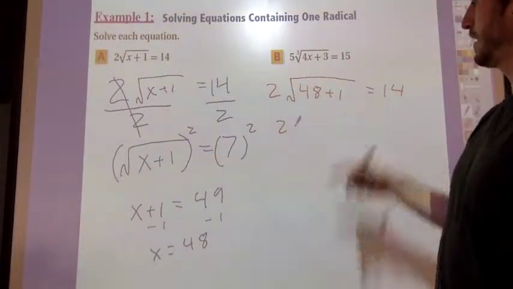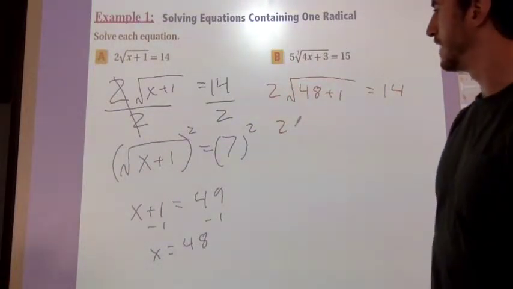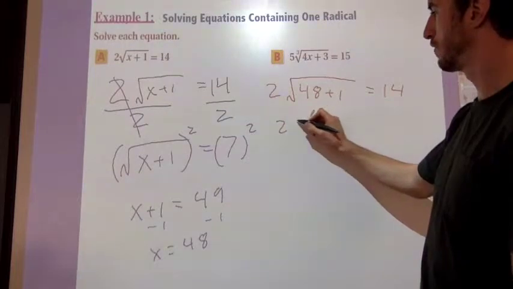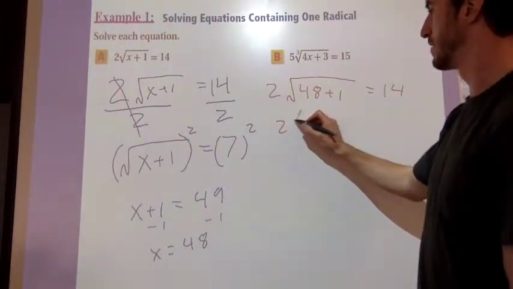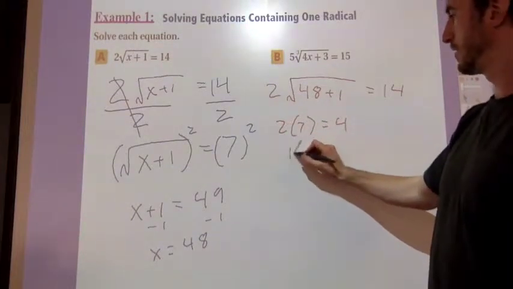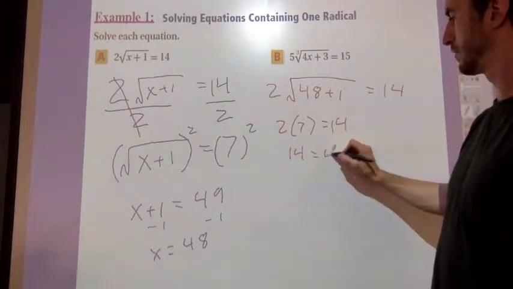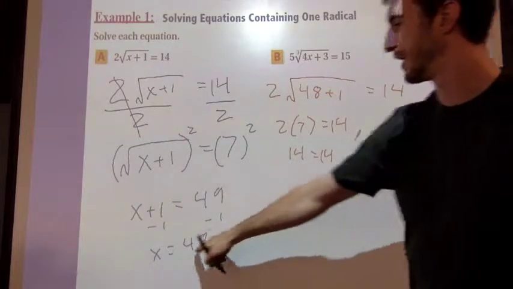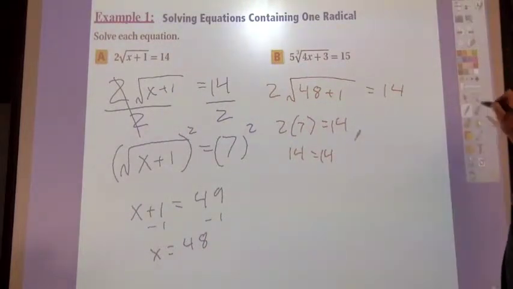So 48 plus 1 is 49, and the square root of 49 is going to be 7. 2 times 7 is 14. 14 equals 14. So my answer 48 definitely works.